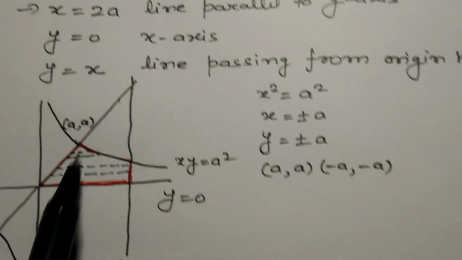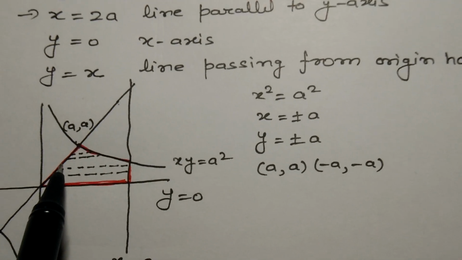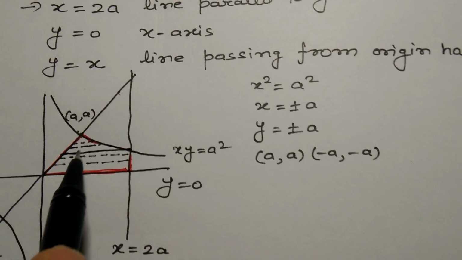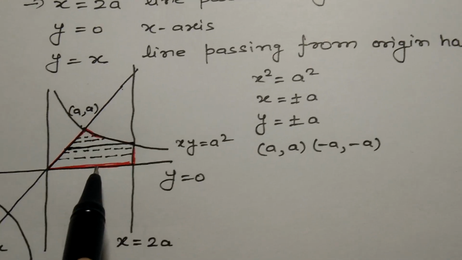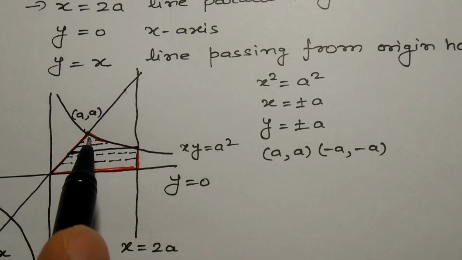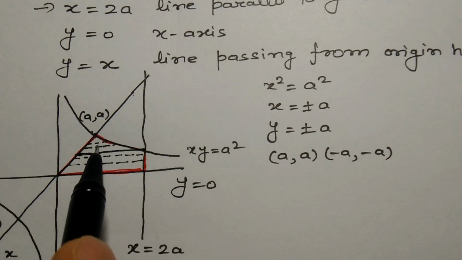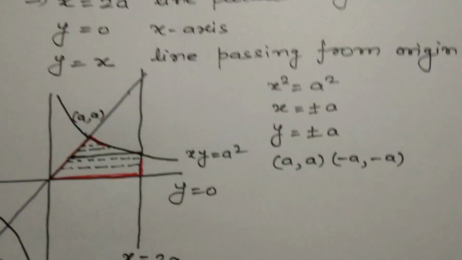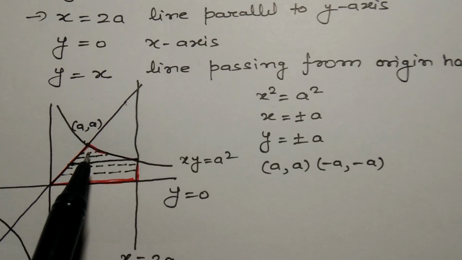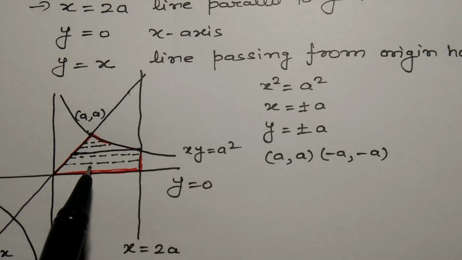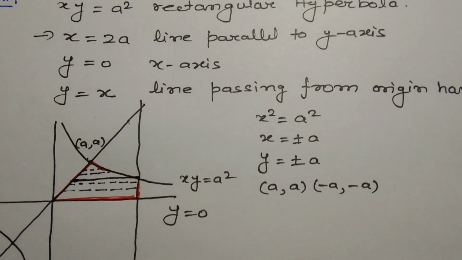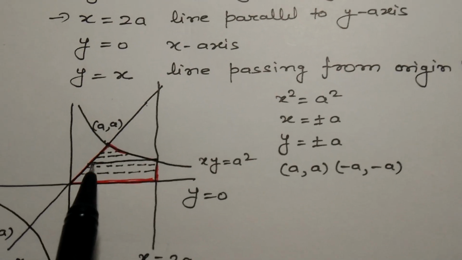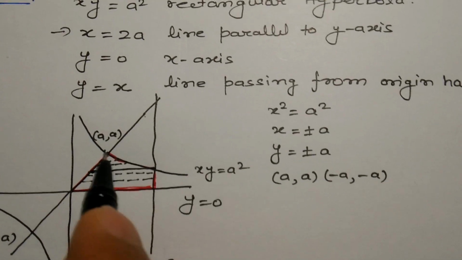That means the region will be divided into two parts. Below this line there will be one region, above this line there will be another region, because the limit of this strip will be different. So we can solve the integral in this region as well as in this region and add it.